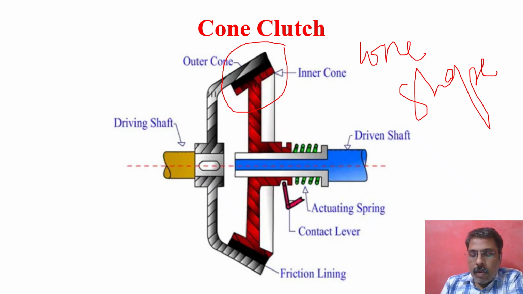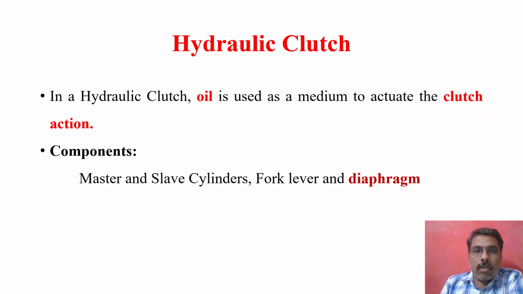Then we are going to discuss another type of clutch called the hydraulic clutch. In the hydraulic clutch, we use oil as a medium to actuate the clutch action.